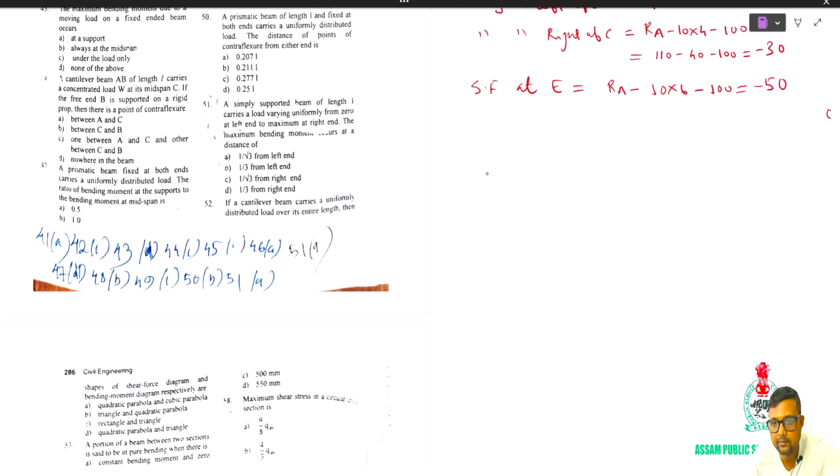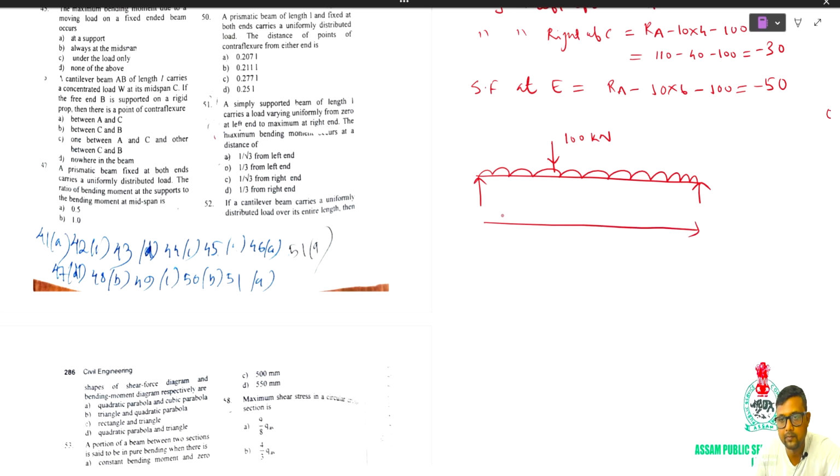Now we'll draw a shear force diagram. Let me draw the beam again. Right.